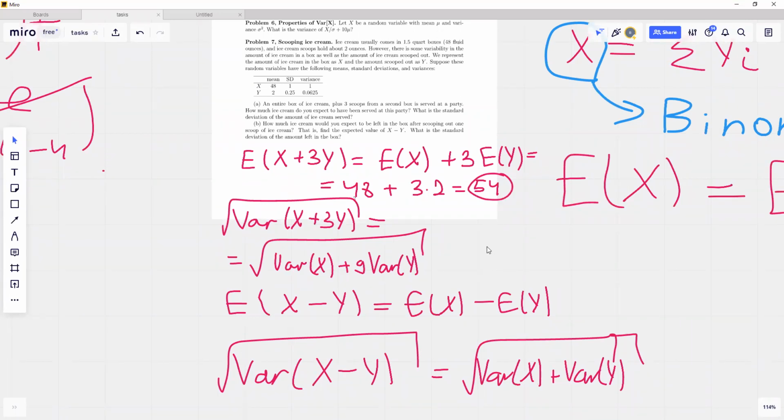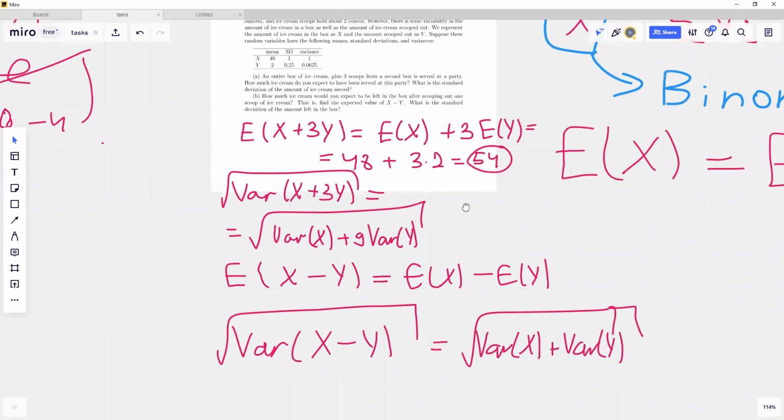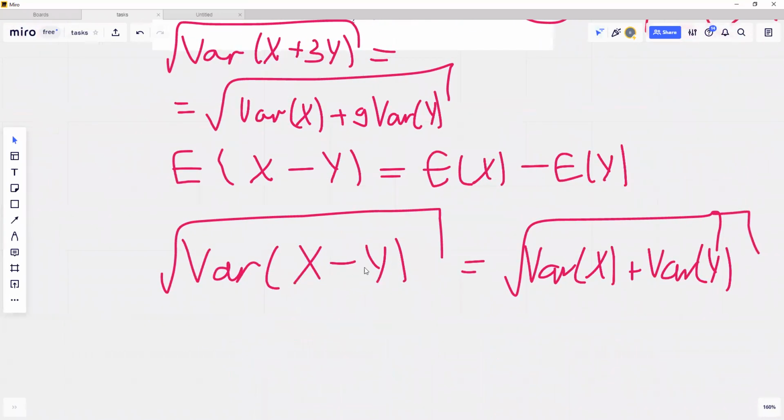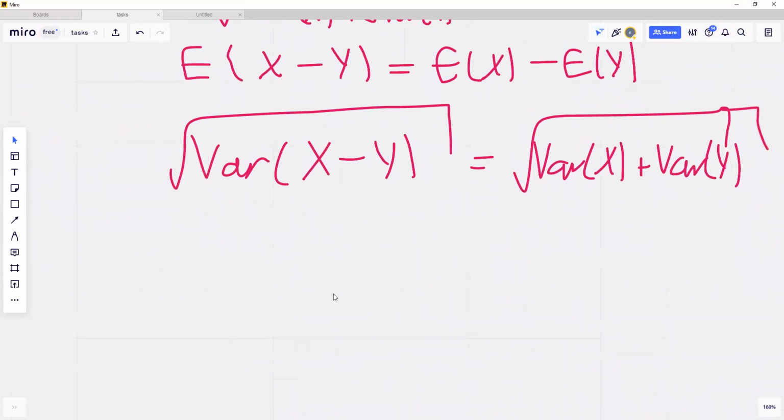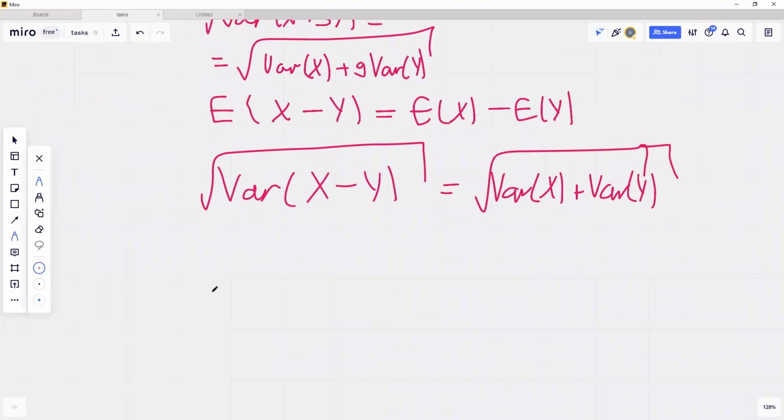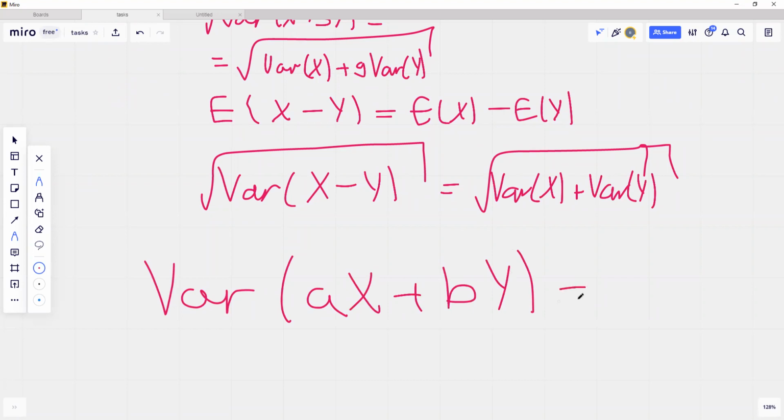Can you explain why we changed the sign? Here you mean? Yeah, well, the general formula for variance of a linear combination of random variables is the following. Let's say we have a linear combination of 2 random variables.